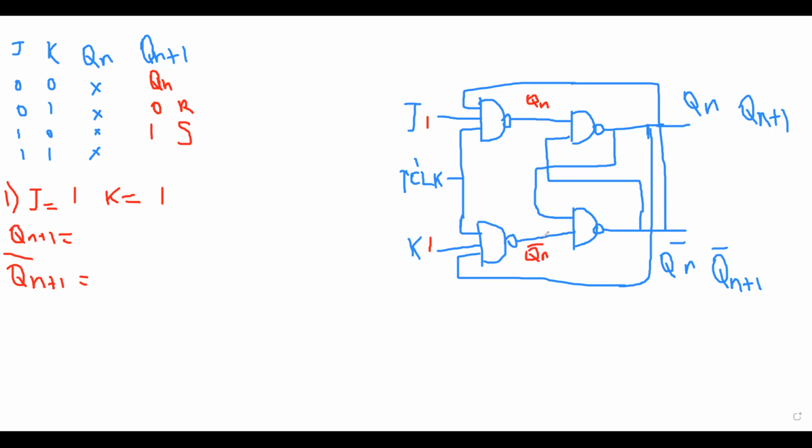Now I'll check one by one. Here Qn into Qn bar whole bar, and it's equal to 1, and here Qn bar into Qn whole bar, both are the same, and I get 1 here.